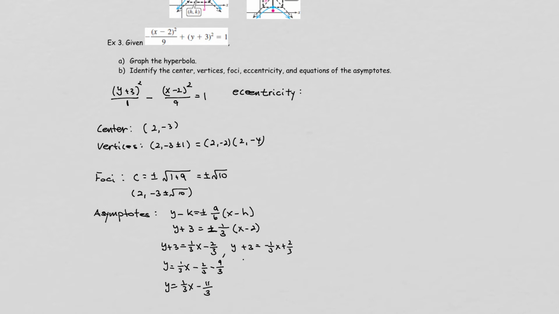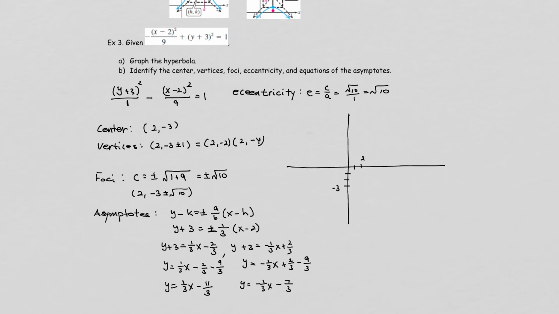And this one, you're subtracting 3, so that's subtracting 9 over 3. You will get y = −1/3 x − 7/3 this time. So those will be the asymptotes, and eccentricity is going to be c over a. So it will be square root of 10 over 1, which is square root of 10.